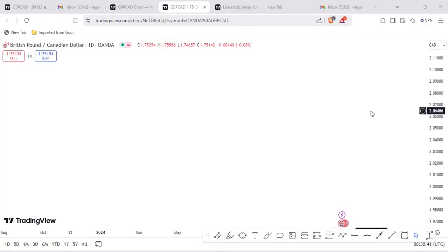So now, without wasting much of our time, first you need to know that market structure works hand in hand with chart patterns. We have different types of chart patterns, but the ones that I've repeatedly seen work over time are the M and W patterns, and the inverse head and shoulders and the head and shoulders.